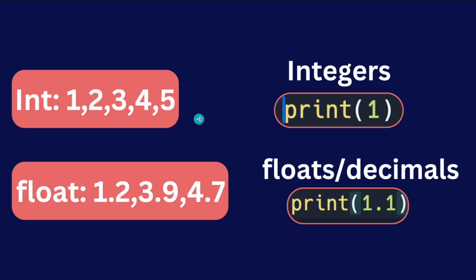Integers are just numbers, not decimal numbers, like -1, -2, 0, or 1, 2, 3, 4, 5. But then floating point numbers are just decimals like 1.1, 3.9, or -1.7. Any decimal numbers are going to be called floating point numbers.